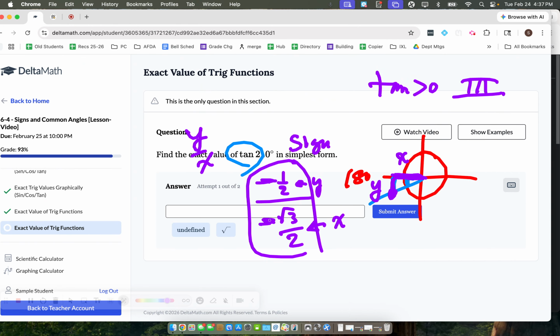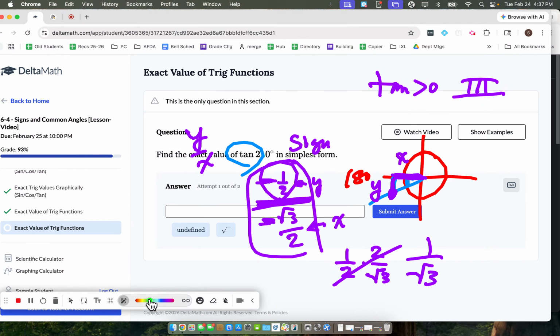Well, so tan is always a little bit of a pain. You got to do 1/2 divided by this, which is kind of a keep, change, flip operation. Keep, change to multiply, flip, I flipped it, I can cancel these out. Okay, this is not going to be good enough for Delta Math.